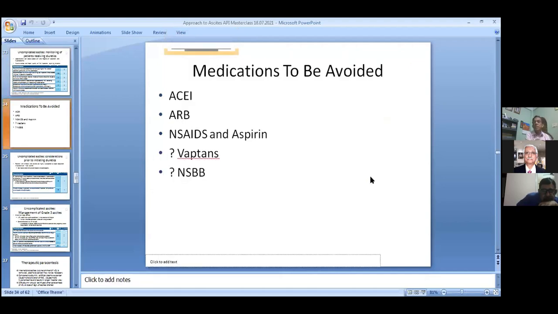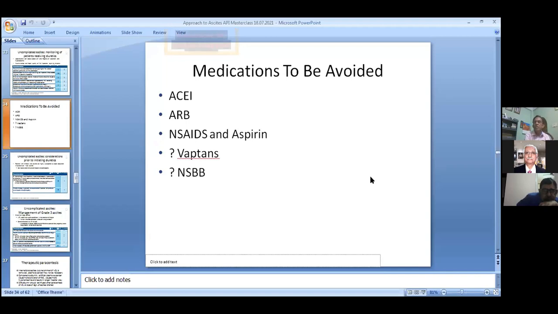In patients with cirrhosis with significant ascites, the medicines to be avoided are angiotensin converting enzyme inhibitors and angiotensin receptor blockers, because in most patients with advanced cirrhosis the BP is slightly on the lower side. By giving these medicines, it will produce more hemodynamic alteration and worsen the renal perfusion and renal dysfunction.